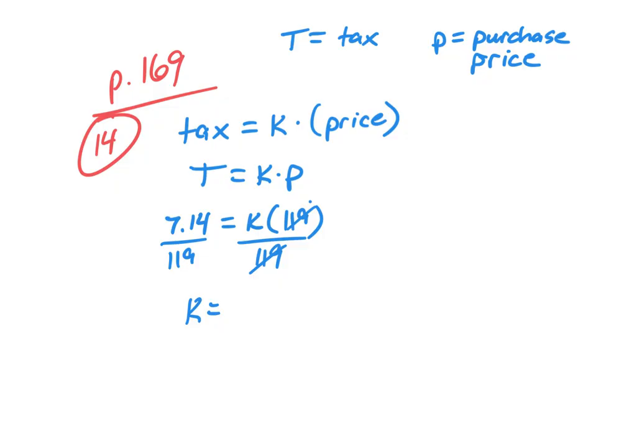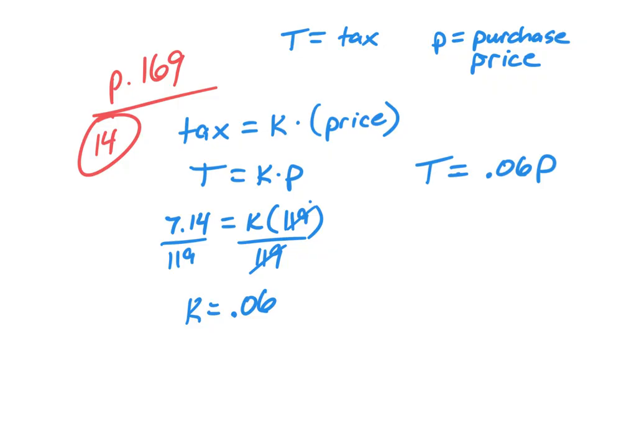What'd you get? 0.06? Okay, and what that means is in this state or in this place we have 6% sales tax, but we always write it as a decimal instead of a percentage.